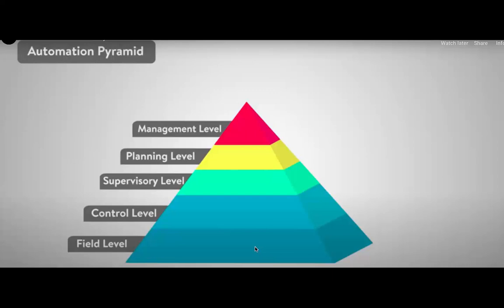So these are the supervisory level activities, and the last level is the enterprise level.